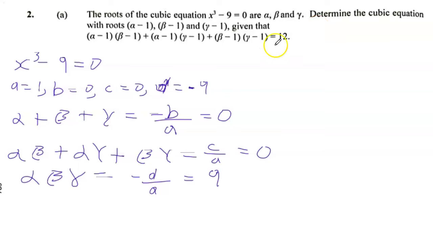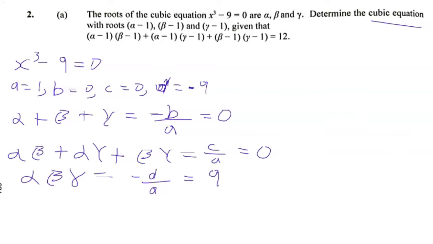So we want to form a cubic equation. Determine the cubic equation with these roots, alpha minus 1, beta minus 1, and gamma minus 1. Right, so to form this equation now, for these three roots, alpha minus 1, beta minus 1, gamma minus 1, we need to find also the sum, the product, and the sum product.